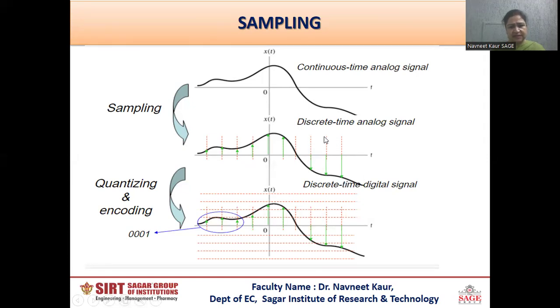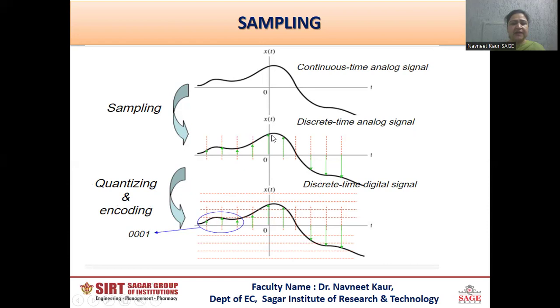Now, this discrete time analog signal, which is a sampled signal, can be converted into a digital signal by the process of quantization and encoding. Quantization is the process through which we approximate the sampled value to the nearest integer value.